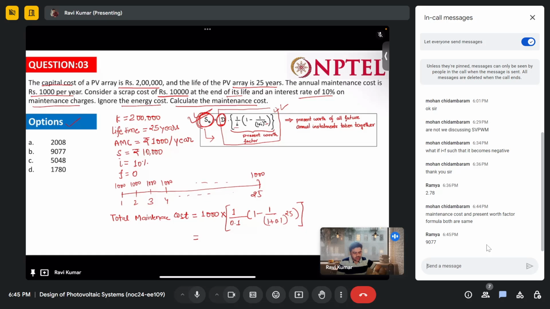We are putting 1000 rupees every year with the interest rate of 10% for 25 years. So this present worth is calculated for 25 years, and it considers that we are doing it annually. That's why this is the formula for the overall charges of maintenance in present value.